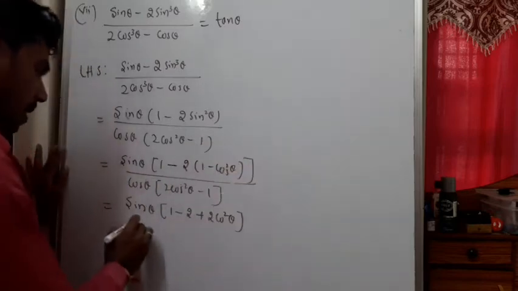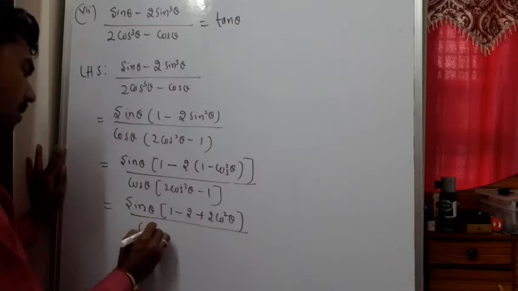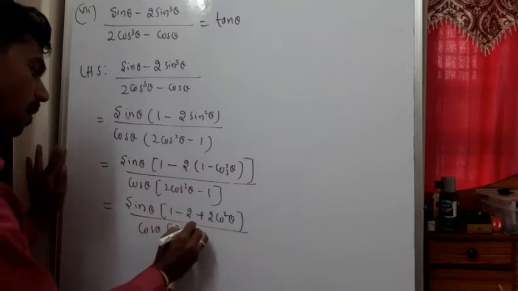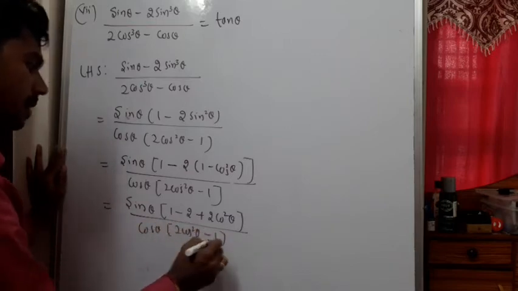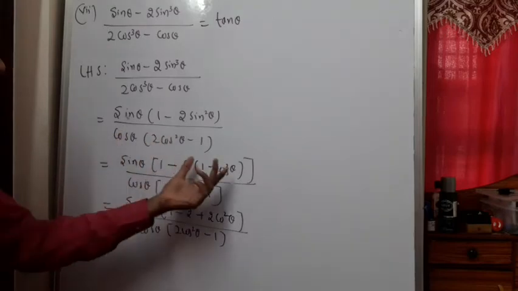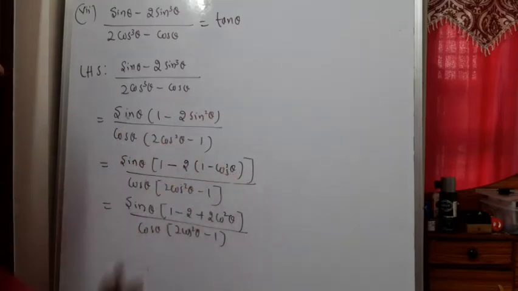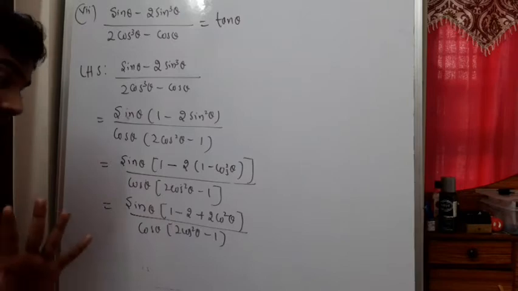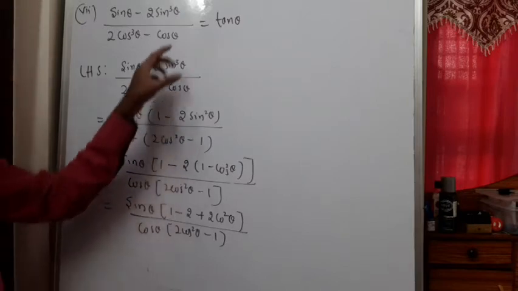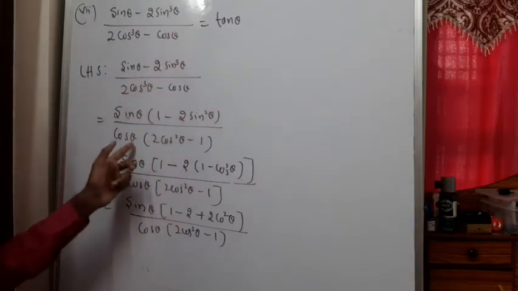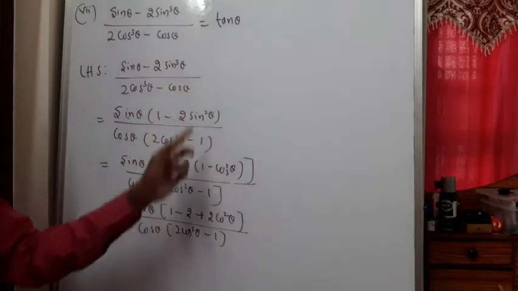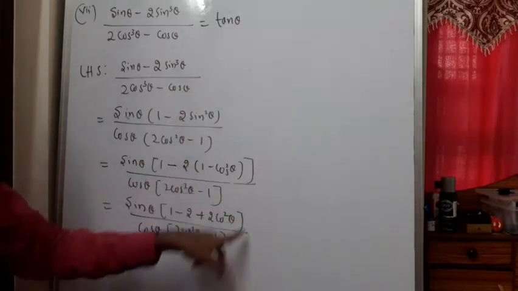Divided by cos theta into (2 cos square theta minus 1). See, we need to think. So instead of sin square theta, I can write 1 minus cos square theta. But we had to eliminate this because we need tan theta. Already we have sin theta by cos theta, but we need to eliminate this. For that, I am making this arrangement.